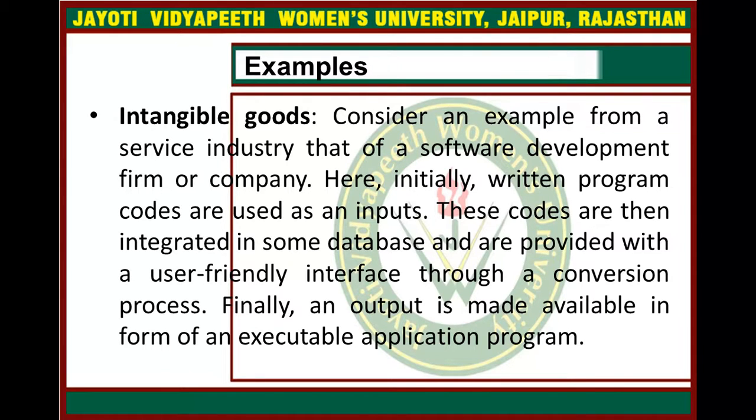These codes are then integrated in some database and are provided with a user-friendly interface through a conversion process, and finally an output is made available in form of an executable application program that we cannot touch. So this is the intangible goods.